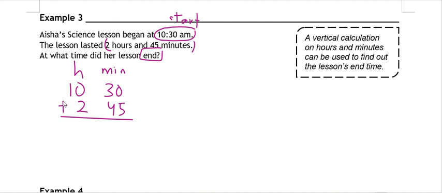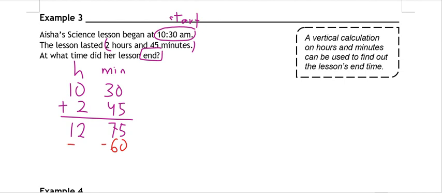So let's proceed to the calculation. 30 plus 45 is 75, and you have 12. Now do not leave your answer for minutes like this, because minutes is supposed to be less than 60. Another tip: subtract 60 minutes, which is an hour. Imagine that the 60 minutes is converted into an hour.